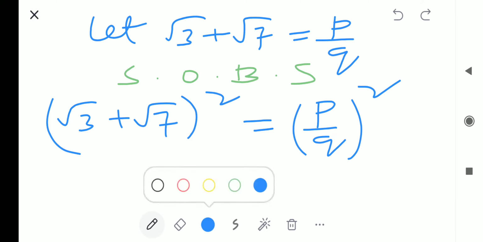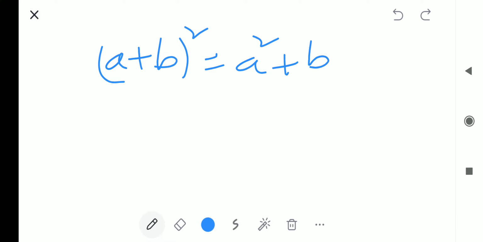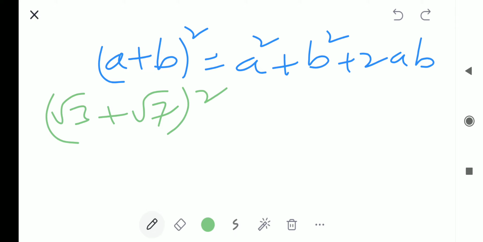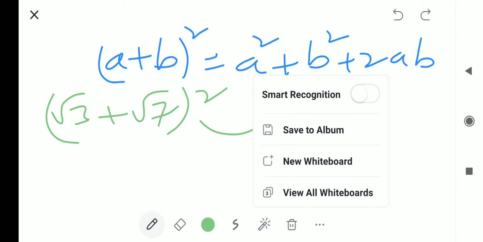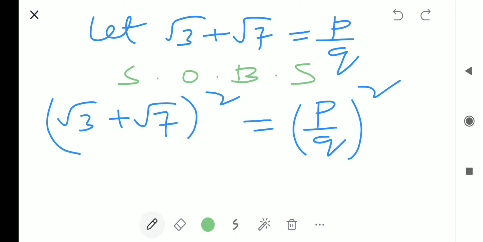As you know, the formula for a plus b whole square is equal to a square plus b square plus 2ab. The same way we can expand root 3 plus root 7 whole square using this formula. That I am going to do here.